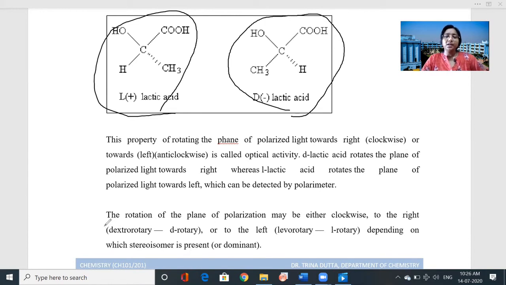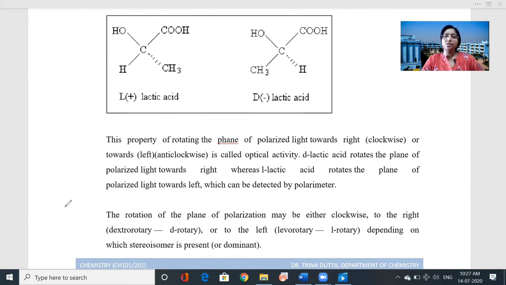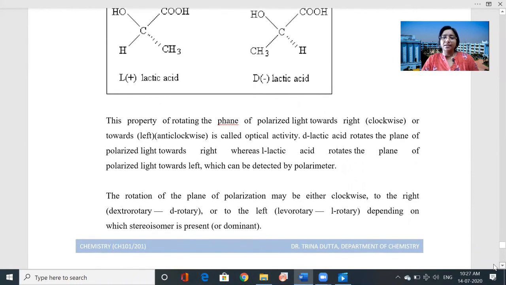The rotation of the plane of polarization may be either clockwise to the right, that is dextrorotatory, or to the left, that is levorotatory. Based on the direction of the rotation, we name them L plus lactic acid and D minus lactic acid.